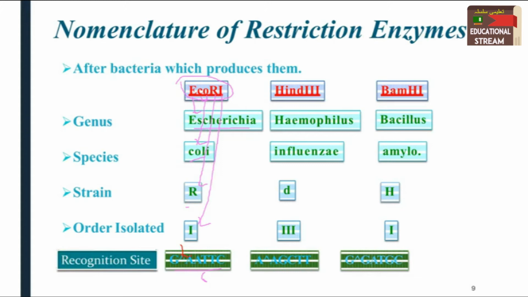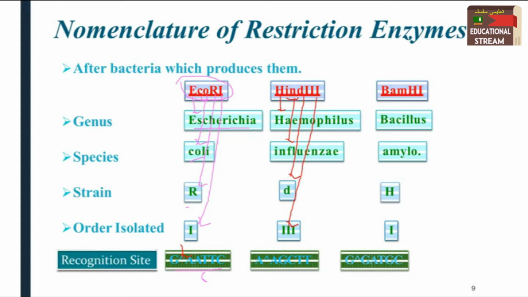Similarly, here is the example of the HindIII enzyme. Hin is from Haemophilus influenzae, where H came from Haemophilus, in came from influenzae, and d came from the d strand, and this was the third enzyme isolated from Haemophilus influenzae, therefore it was named HindIII.